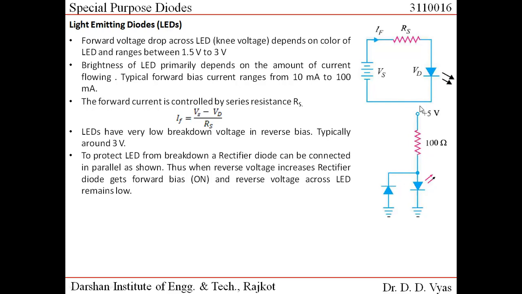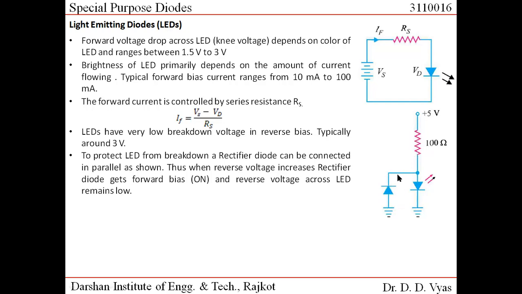However, if accidentally, instead of positive voltage, negative voltage is applied, then the LED comes into a reverse bias state, and this rectifier diode comes into a forward bias state. So it primarily conducts along this path.